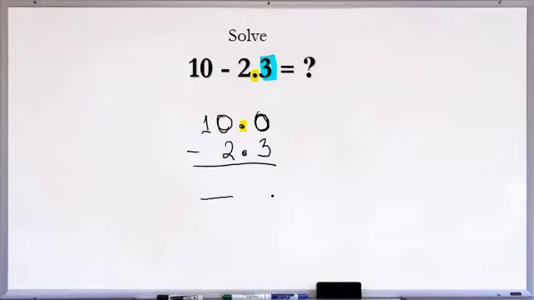We borrow 1 from here and make it 10. 10 minus 3 is 7. When we took 1 out of here, we have 9 left. 9 minus 2 is 7. We have the decimal point there, and we got a 7. So the answer is 7.7.